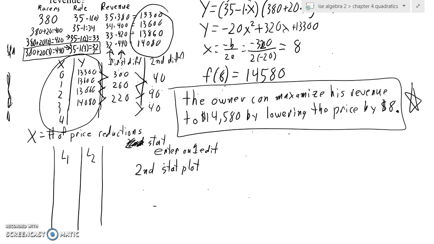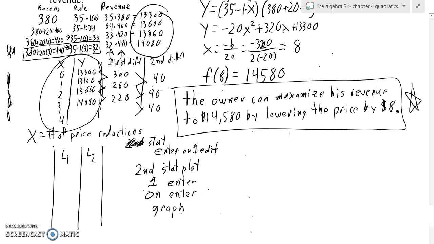You have to turn stat plot 1 on. So we hit enter on number 1. We hit enter on. And then we graph.